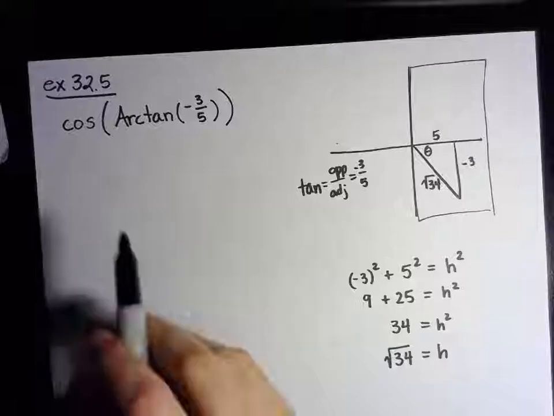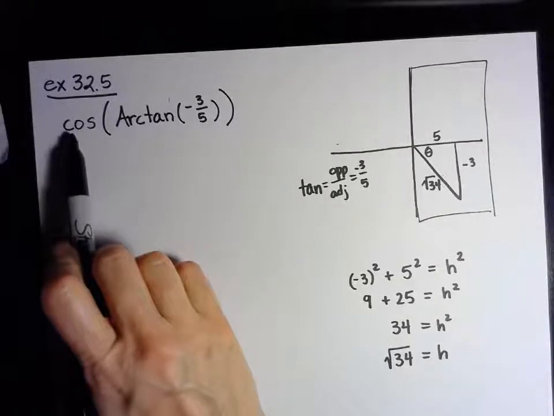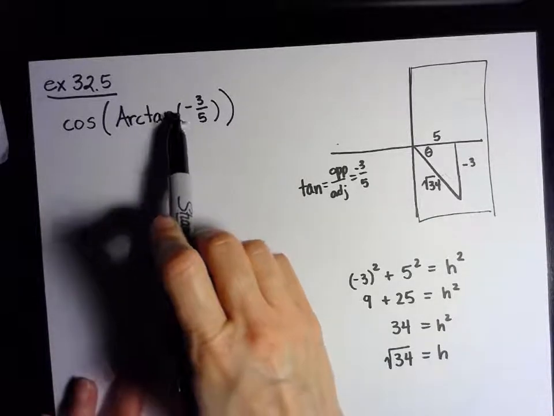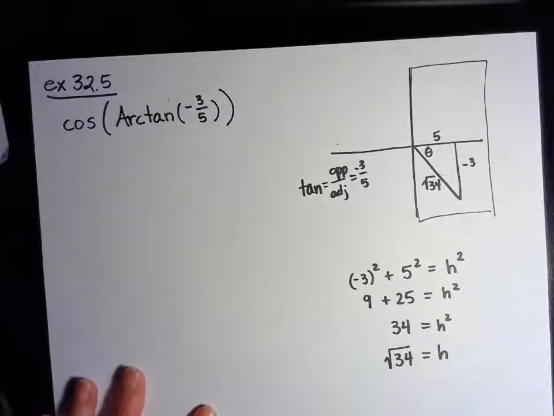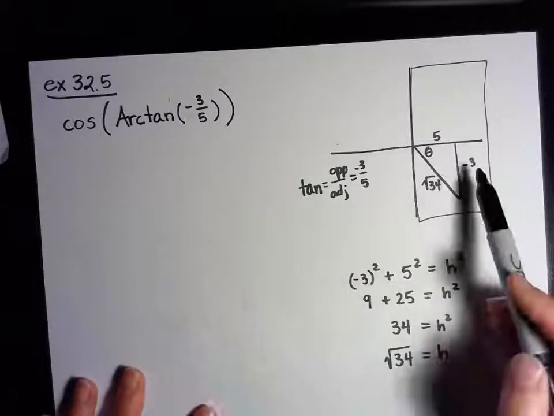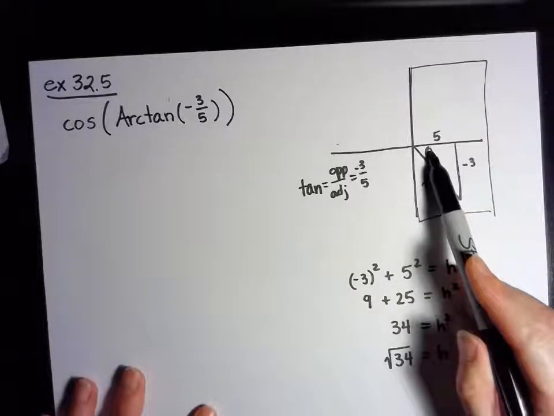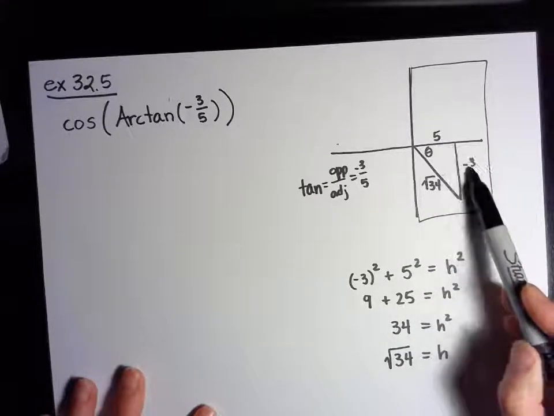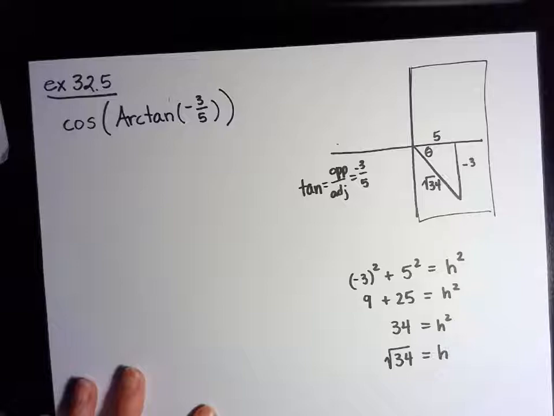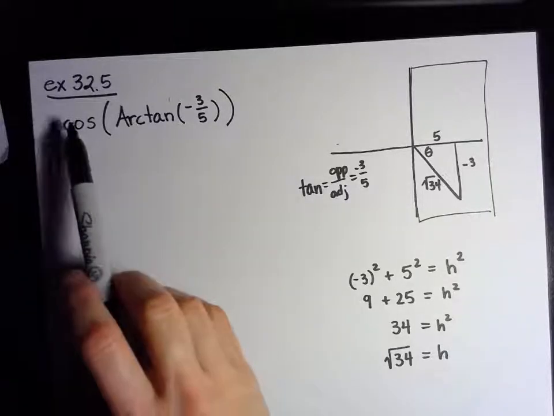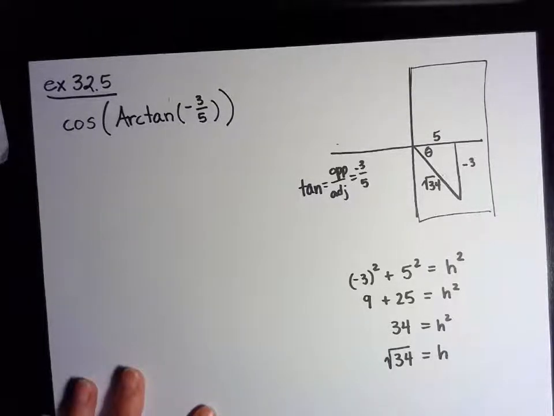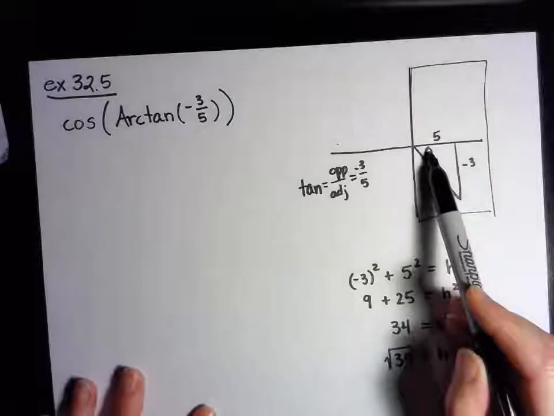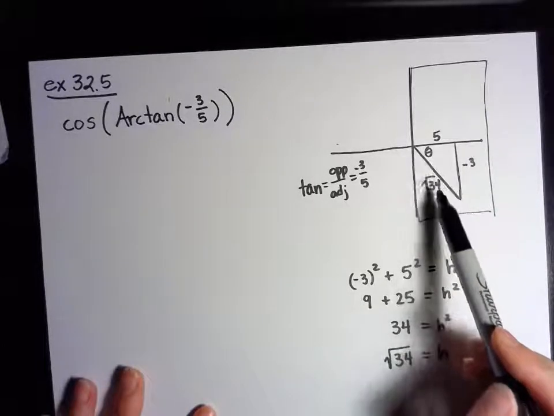Now we want to know the cosine of the angle whose tangent is -3/5. There's the angle that had a tangent of opposite over adjacent being -3/5. So what would the cosine of that angle be? The cosine is adjacent over hypotenuse.